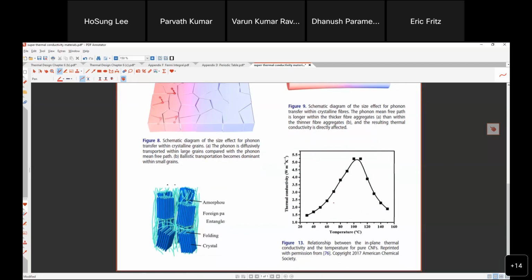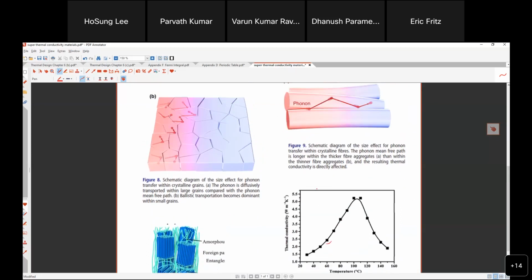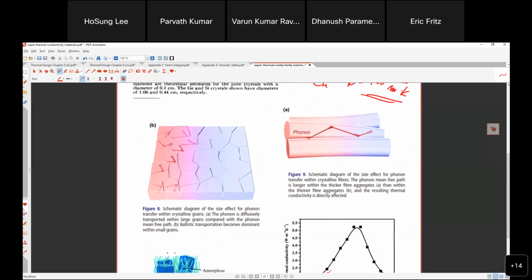So this is another measurement. This is a kind of amorphous. There's a grain size. There is boundary scattering, not only the other mechanisms, but the boundary also scatters. So we can control the grain.